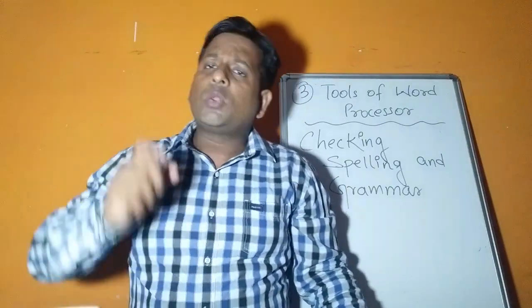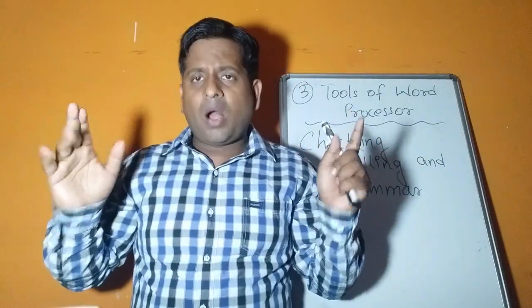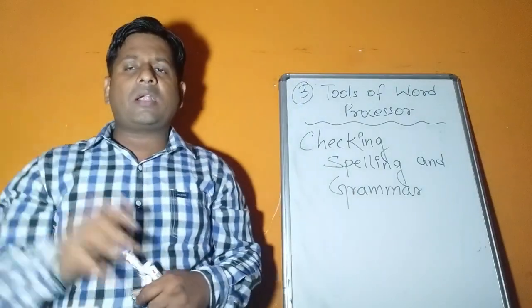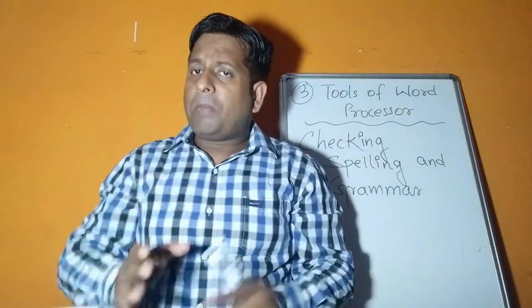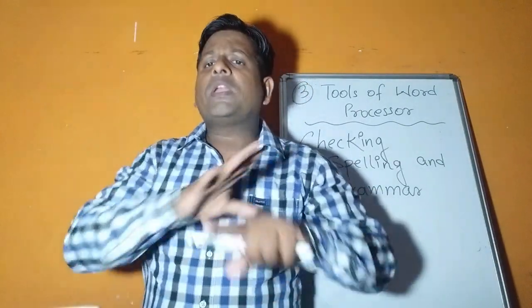In that case you can ignore or add to dictionary. Ignoring means you are just ignoring for once. Again if you write it, the spelling mistake will appear, the red underline will appear. But once you add it to the dictionary of Microsoft Word, then whenever you write the same spelling, it won't be underlined with red.